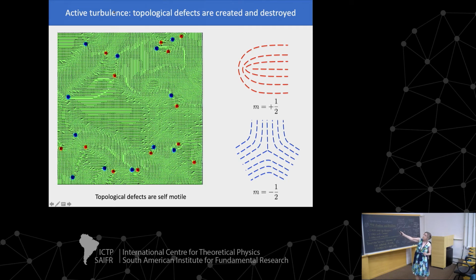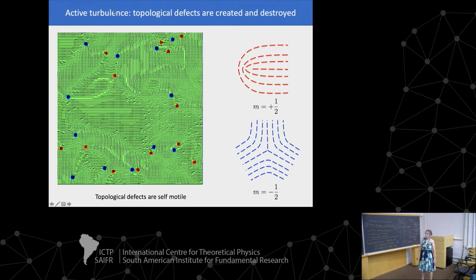And what this stress does is it moves this. So a +1/2 defect is self-motile. This guy here, also you get gradients in the order, and so you're going to get stresses, but just by symmetry, the stresses tend to balance each other out. So these tend to stay put.